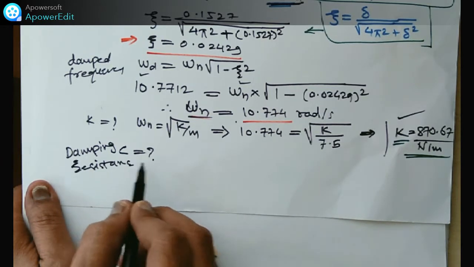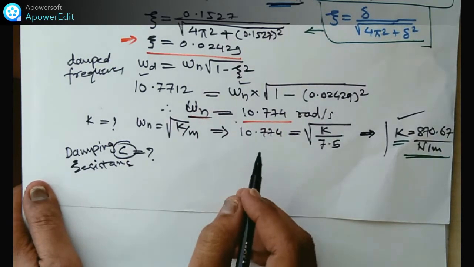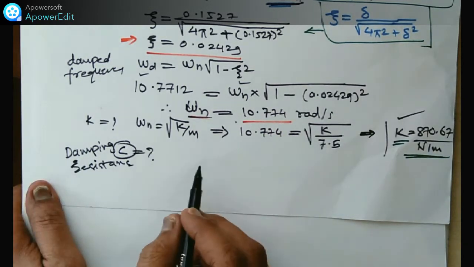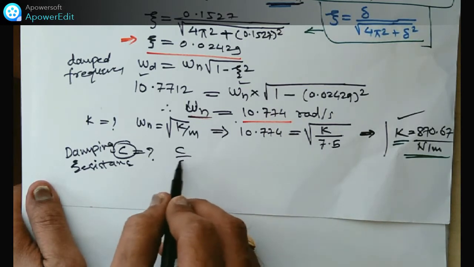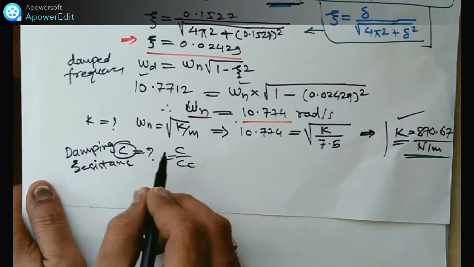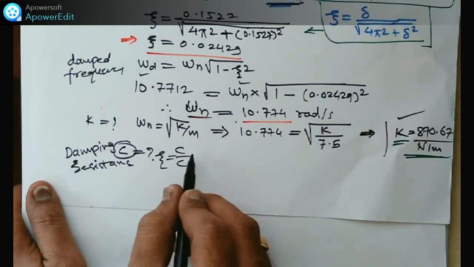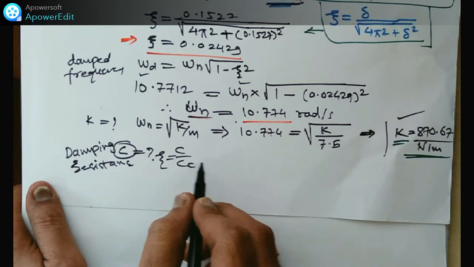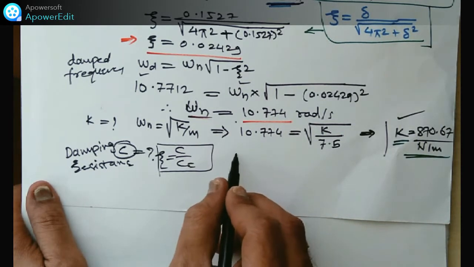How to find out the C? That formula is there. The C by Cc is equal to your damping ratio, zeta. The damping coefficient, resistance, this ratio is this one. Zeta we know here, and C and Cc, these values we have to find out.